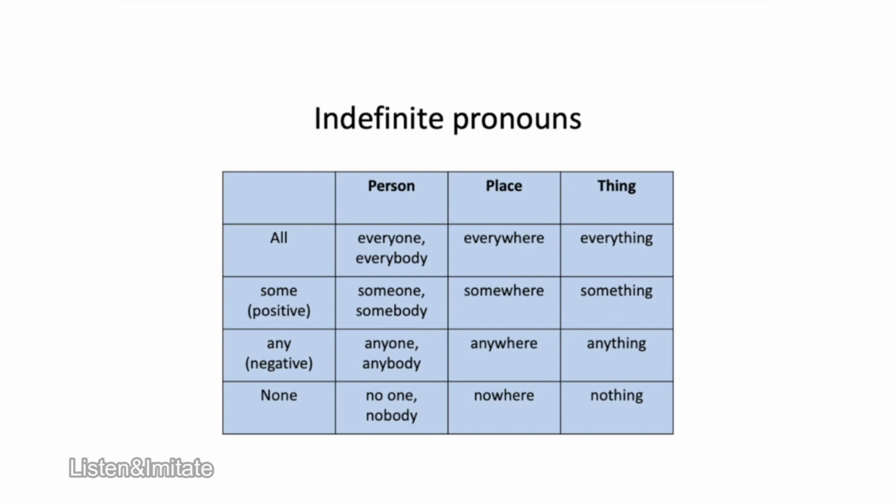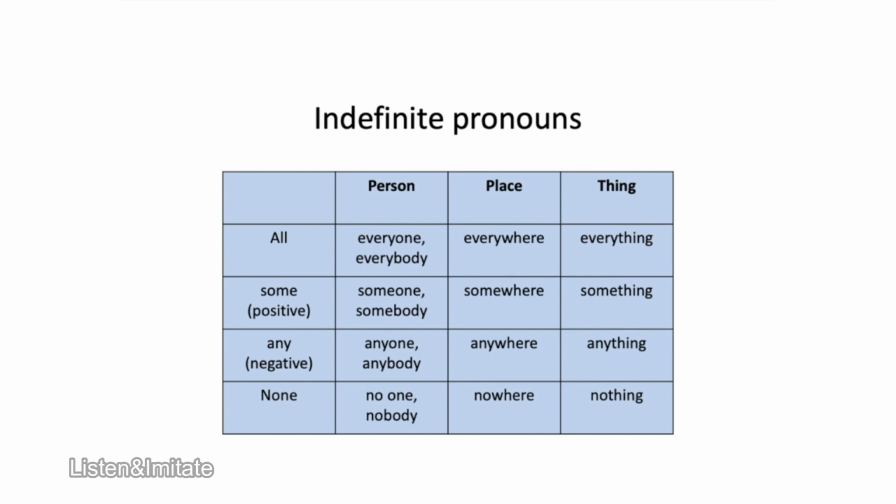These are indefinite pronouns. They are used to refer to non-specific people or things. To speak about all non-specific people or things, we use everyone, everybody, everywhere, everything.